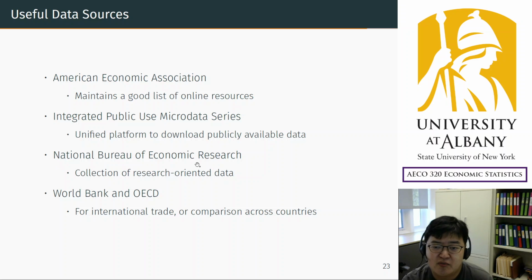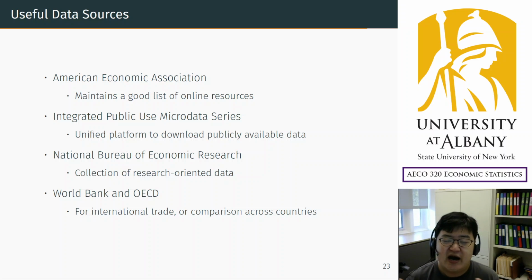And the National Bureau of Economic Research. This is actually a group of economics professors and economics researchers. So on this site, they collect more serious research-oriented data. Maybe they are processed data based on the original data sources, processed to make, say, a new index.